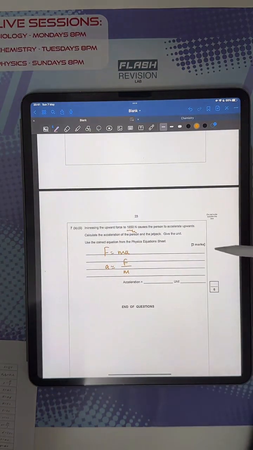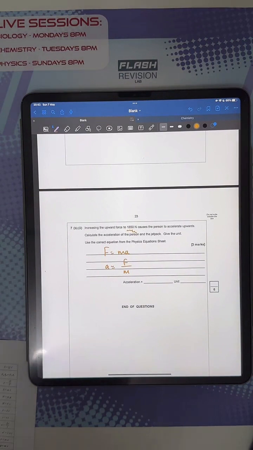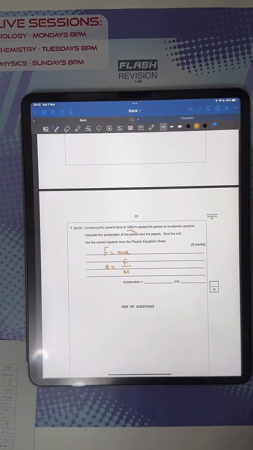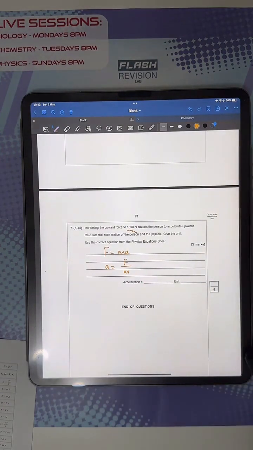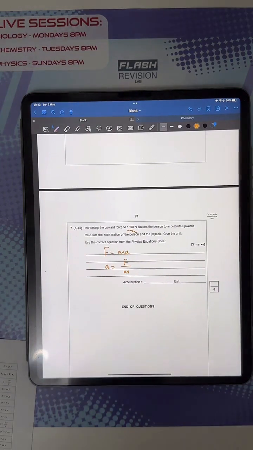And then if we do that, then acceleration is equal to... what's the force that we're going to use? That says 1,850. I think that's what you mean. That is not actually the number that you're supposed to use. You're not supposed to use 1,850.